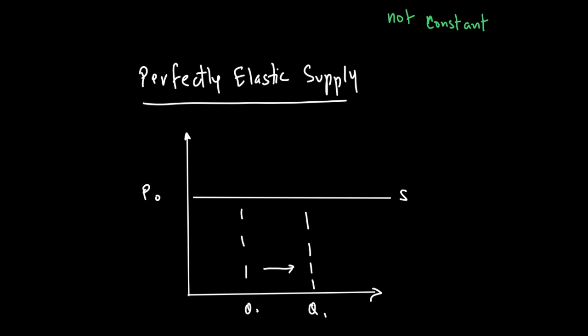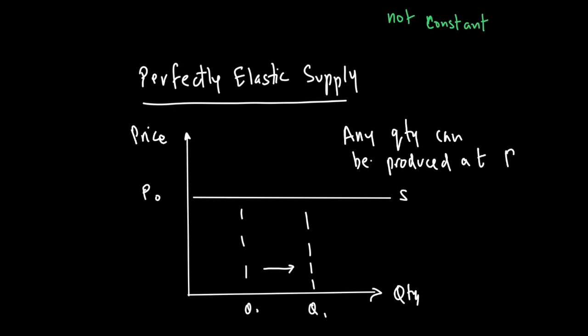So this is my supply curve, this is quantity and price. My supply curve is perfectly horizontal, which means any quantity can be produced at P naught without any trouble. So the producer can make an infinitely large amount, and that's why PES is infinity.